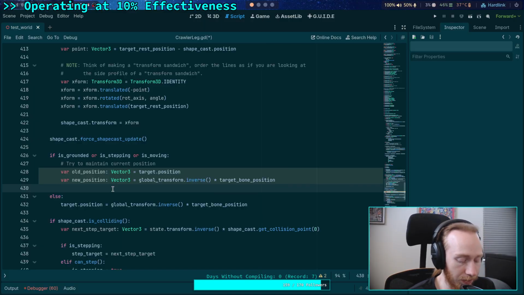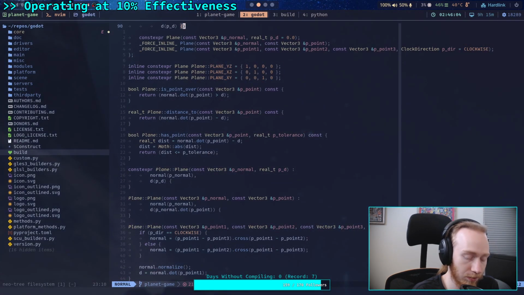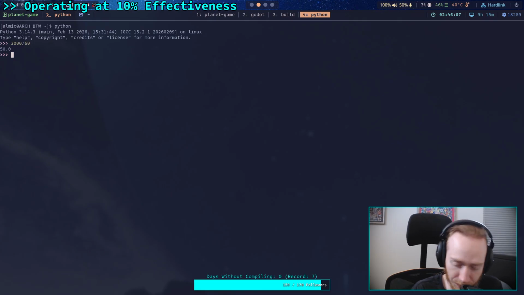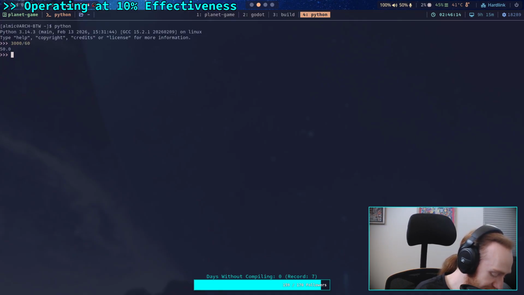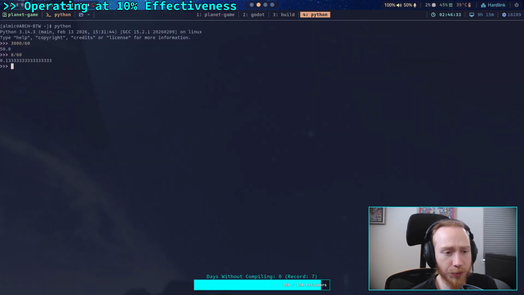I'm trying to think about this. If I have a deceleration of, I'm trying to treat it as if it's like a friction kind of thing.